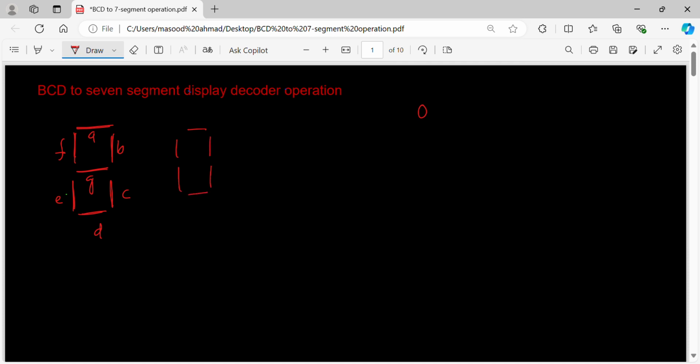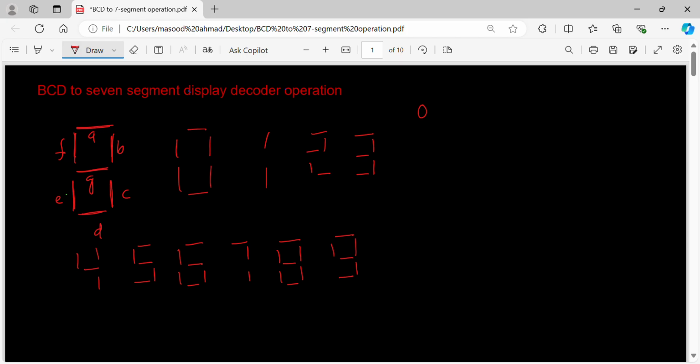If you want 1, if you want 2, if you want 3, if you want 4, if you want 5, if you want 6, if you want 7, if you want 8, if you want 9, this is how we are going to display.